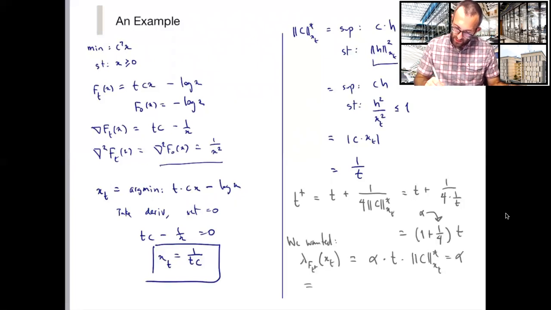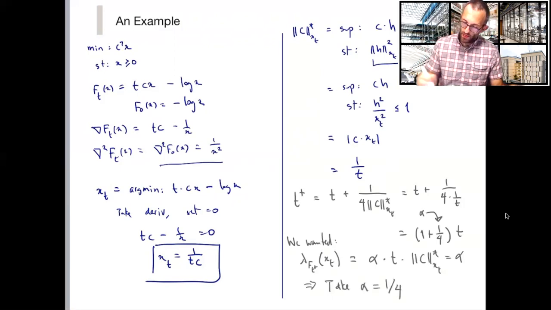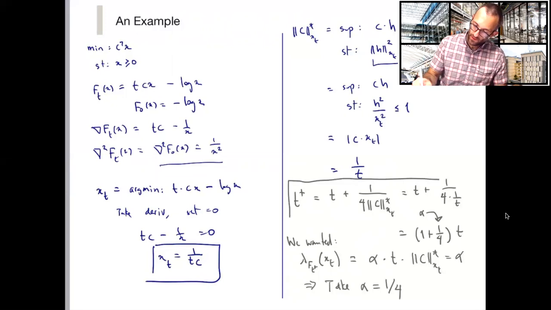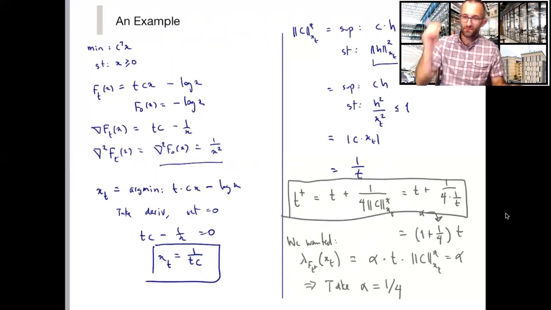So therefore we could take alpha equals 1/4, and that gives us this kind of update.